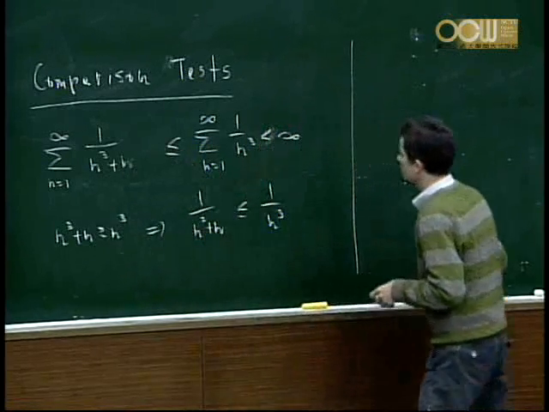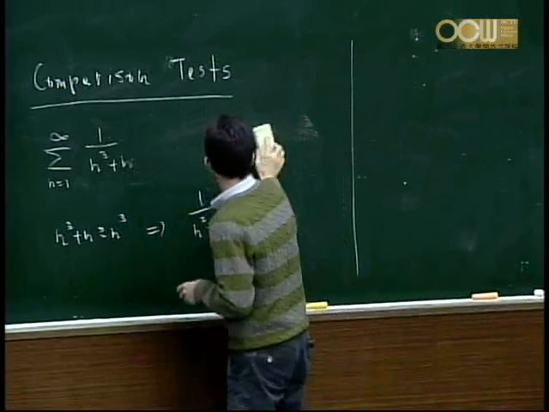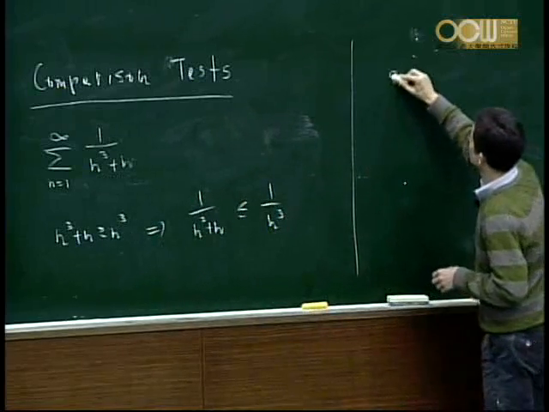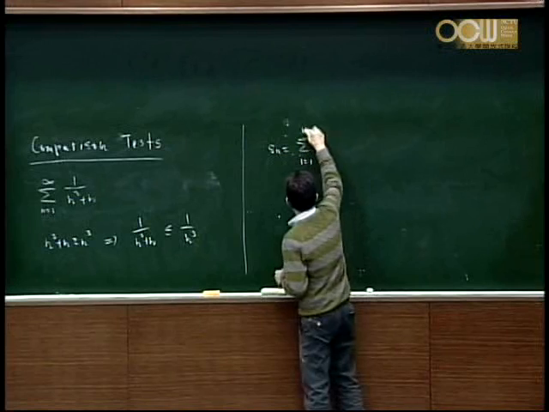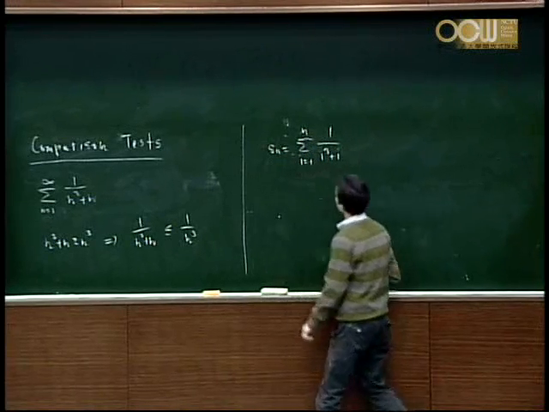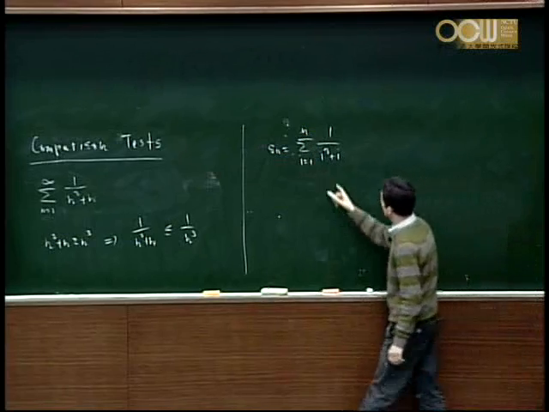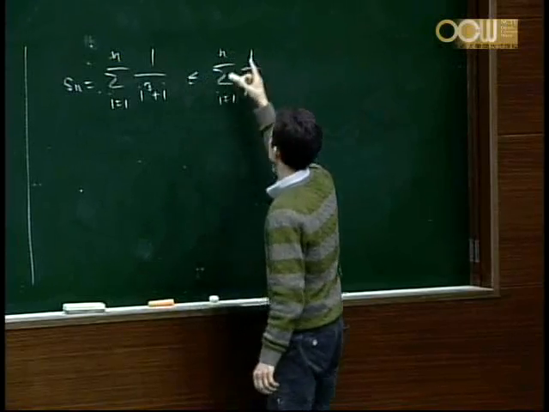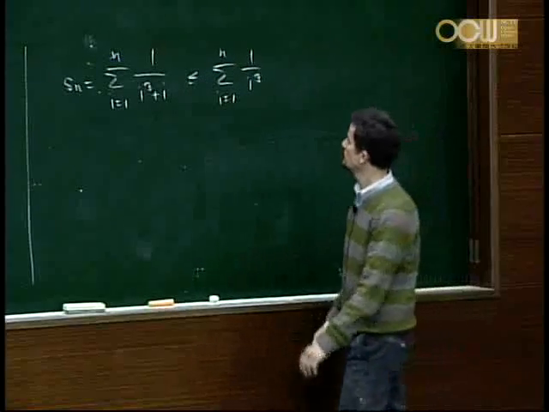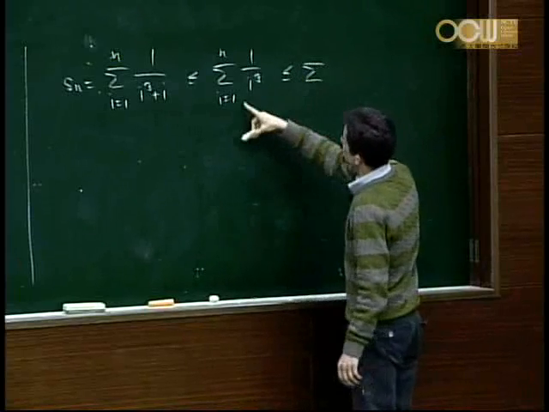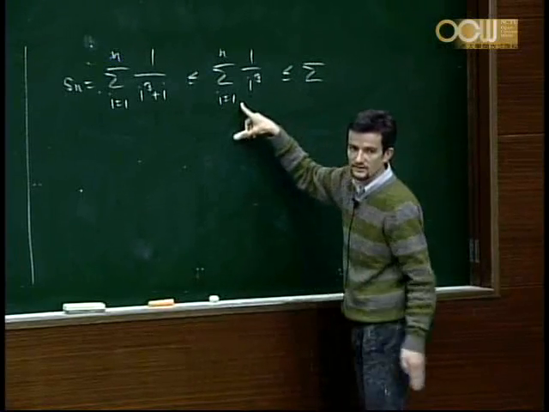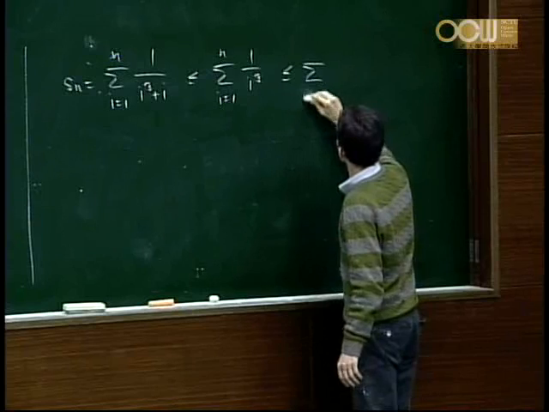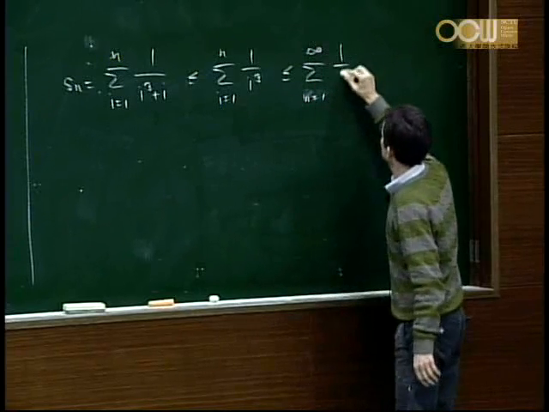But we can almost argue like this. Instead of looking at the whole series, we look at the partial sums. So we look at the nth partial sum. For this nth partial sum, we can certainly say this is smaller or equal than this one, because for sums this is true, and this series is increasing as n is getting larger and will eventually approach its value.